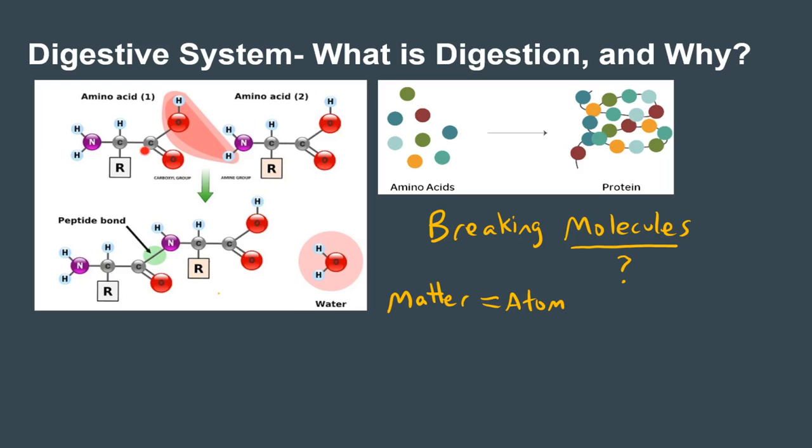If you remember, the thing that makes one atom different from another is the number of those particles inside the nucleus. I don't want to go into detail there, but there are different kinds of atoms depending on how many particles they're made up from.